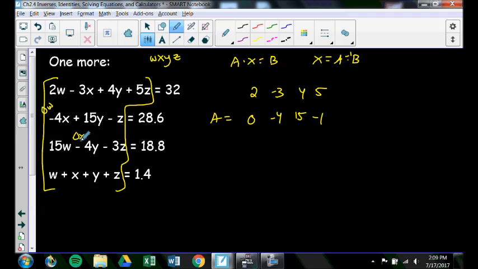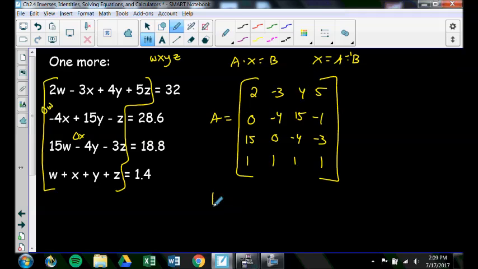So 15, 0, negative 4, negative 3. And this one has one of each: 1 w, 1 x, 1 y, 1 z. There's matrix A. Here's matrix B: 32, 28.6, 18.8, 1.4.